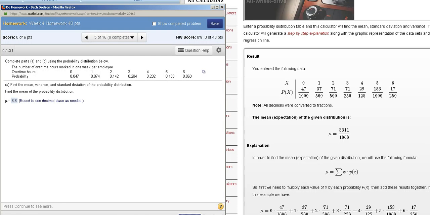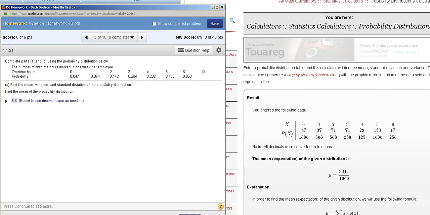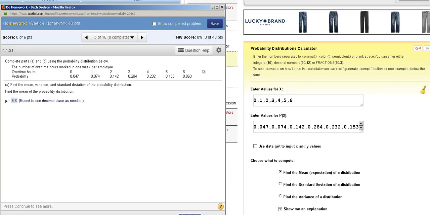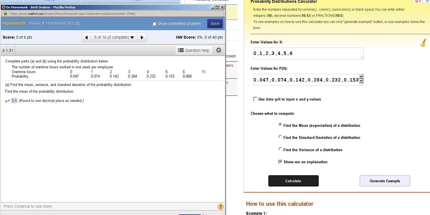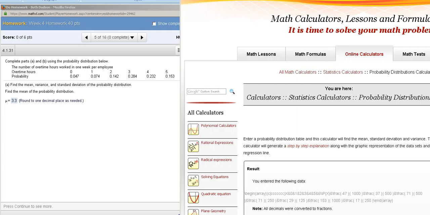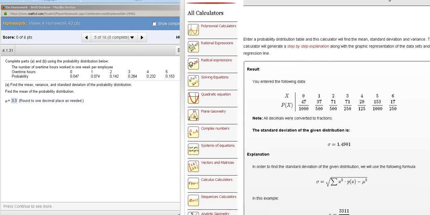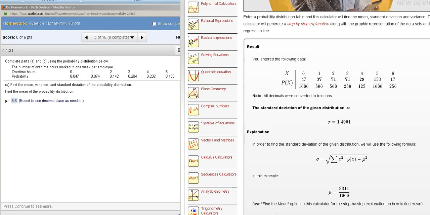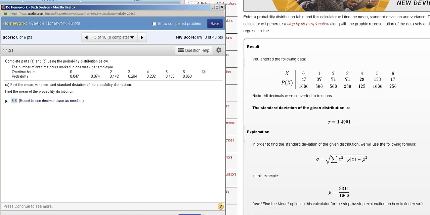Alright, so then what you want to do is go back down here. I need to roll down here and then find the standard deviation. So check find standard deviation and click calculate. And then roll down, and now it's given it to me in decimal form. Go figure.